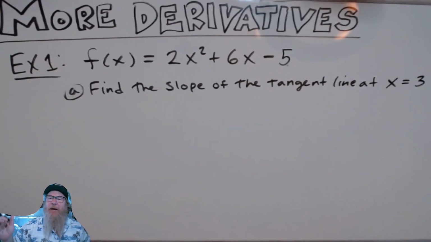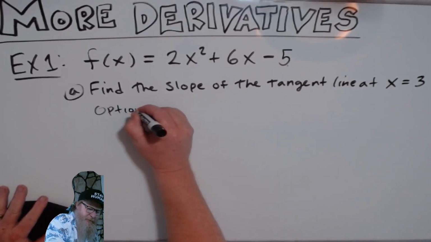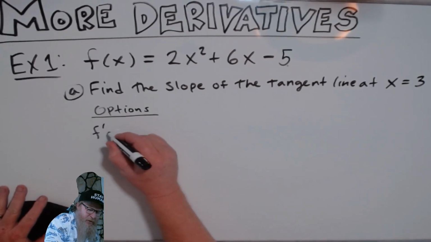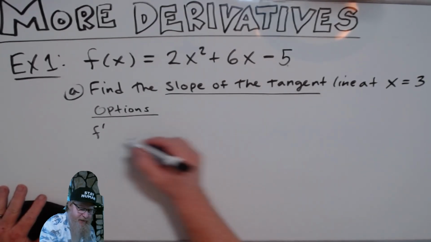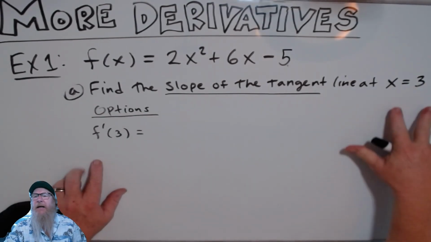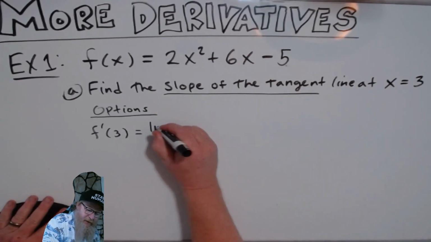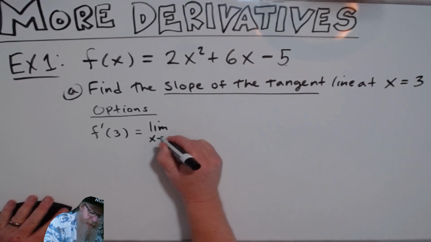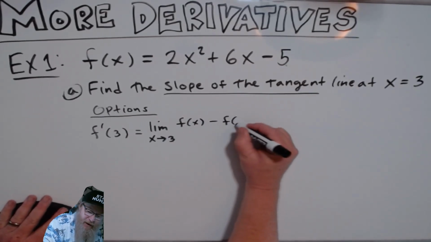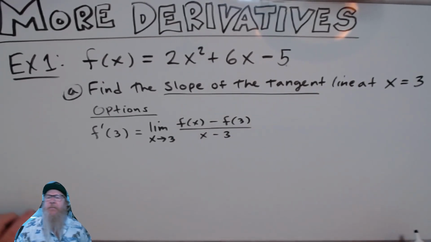So now remember, we have the three definitions. I will leave it up to you to decide how you want to do this. The slope of the tangent line is the derivative at 3, so f prime of 3. That's the limit as x approaches 3 of f of x minus f of 3 over x minus 3.